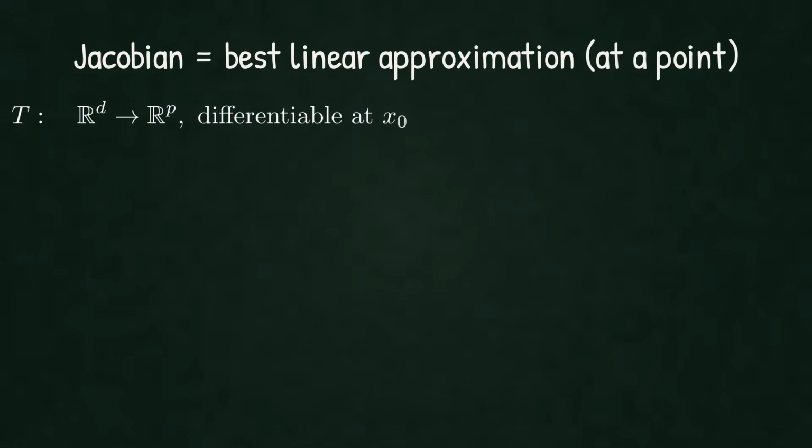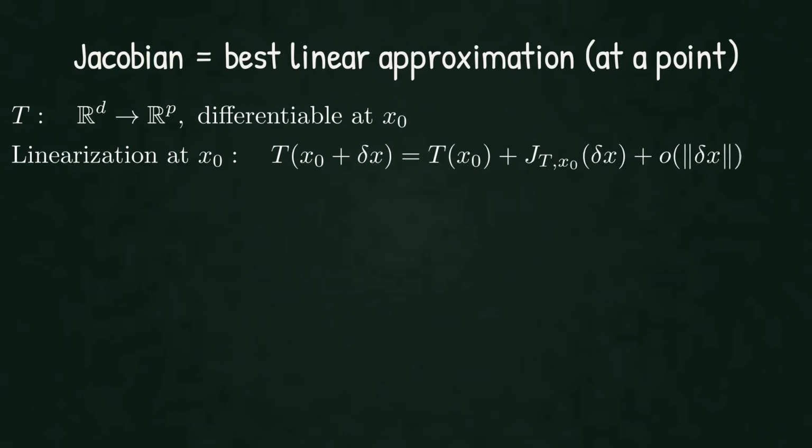Now for smooth maps that aren't linear. At any point, we can approximate the map by its best linear approximation, the Jacobian. For a differentiable map T at point x0, the linearization is T of x0 plus delta x equals T of x0 plus the Jacobian applied to delta x plus an error term.